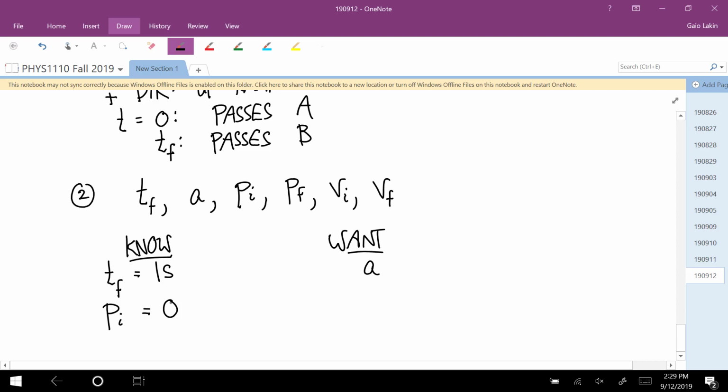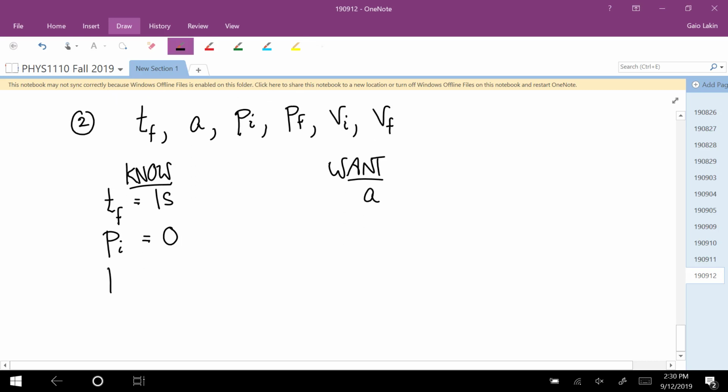P final, do we know that? V initial, do we know that? Yep, that's positive 2 meters per second. And V final, do we know that? No, we're going to look for that for part B, but for now, we'll just leave that off.